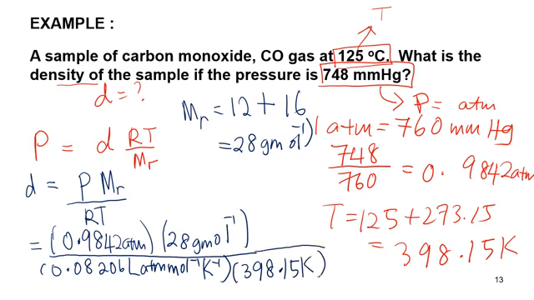Okay, so check the unit. Okay, betul tak unit semua? Okay, so tekan kalkulator, dapat berapa jawapan? 0.9842 darab dengan 28 bahagi dengan 0.08206 darab dengan 398.15. Tekan kali itu sama-sama. Dapat berapa jawapan? Dapat tak sama macam madam ni jawapan?